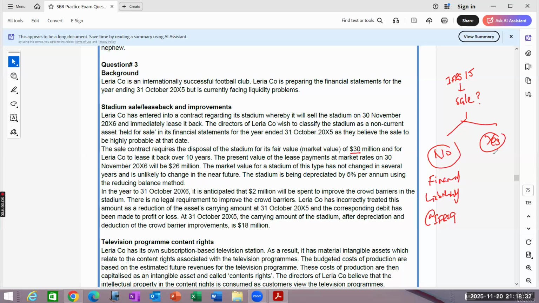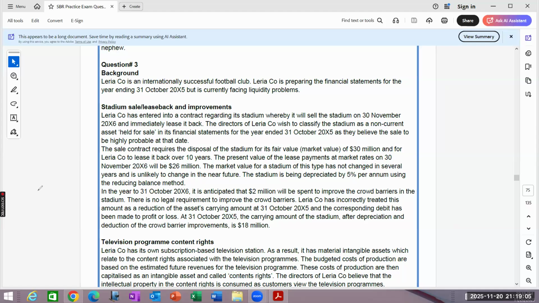If it is a sale and leaseback, then the property, plant and equipment will be de-recognized, a lease liability will be recognized, a right of use asset will be recognized, the bank will be recognized at the sale proceeds, and there will be a gain or maybe a loss on disposal which needs to be recognized. Now let's say the sale criteria is fulfilled.